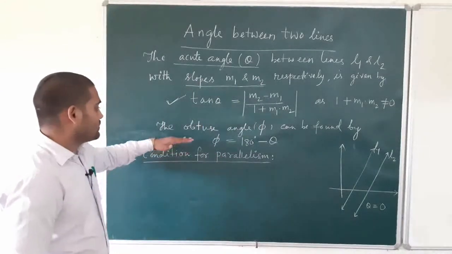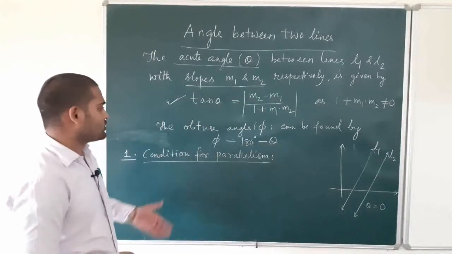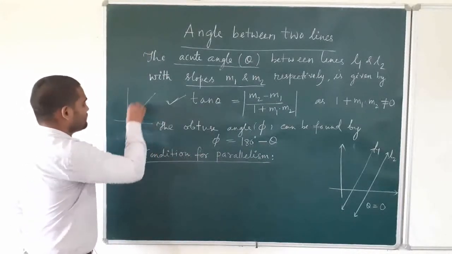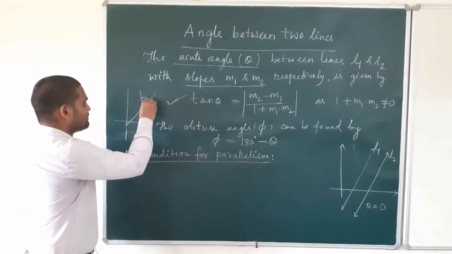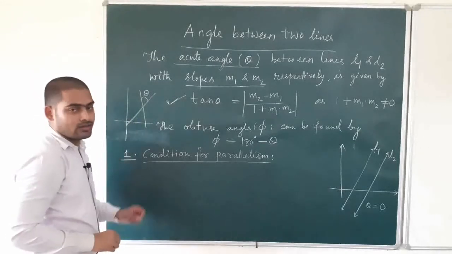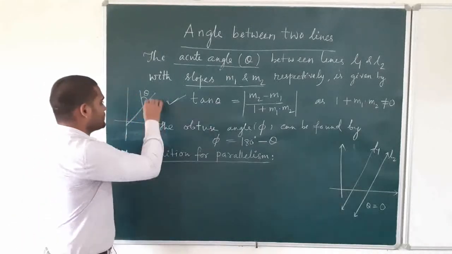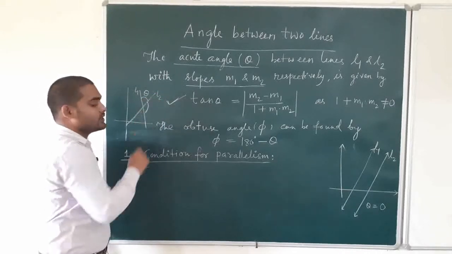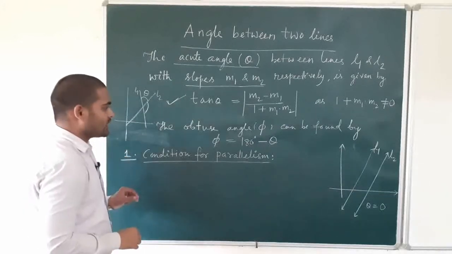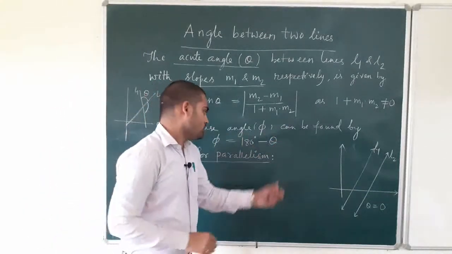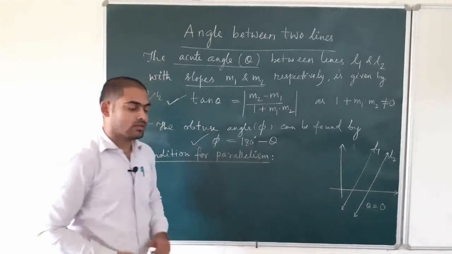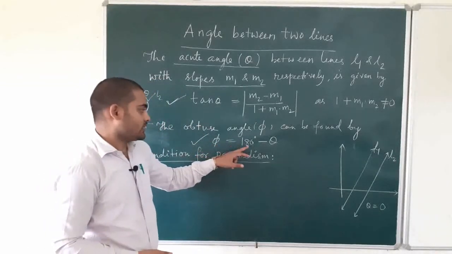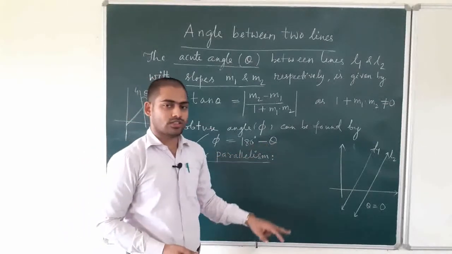And you can find the obtuse angle also. Here if they intersect like this, if this is theta, an acute angle, then the angle between L1 and L2 will be the obtuse angle, and that can be found by phi is equal to 180 degree minus theta.